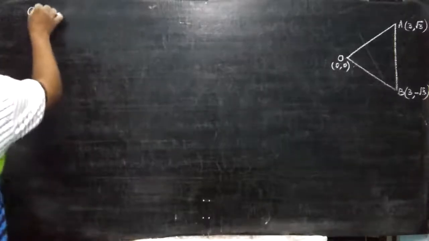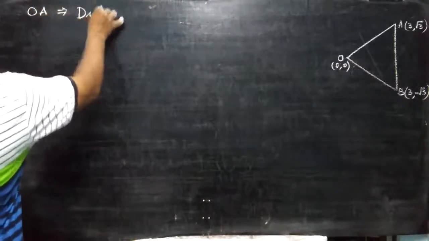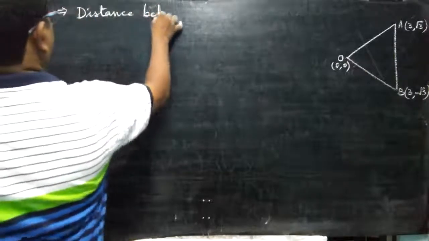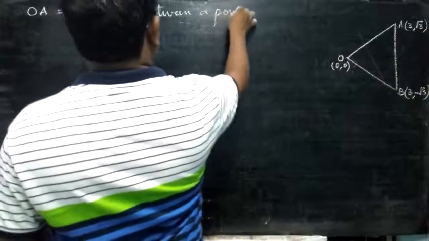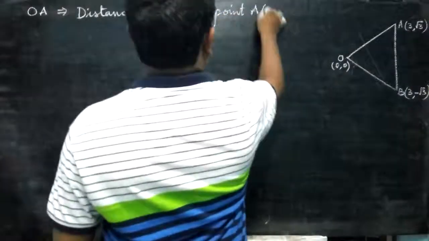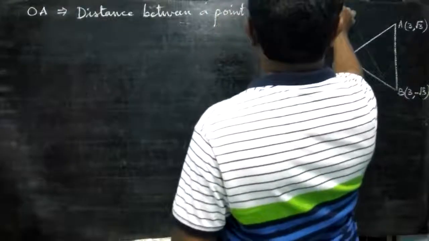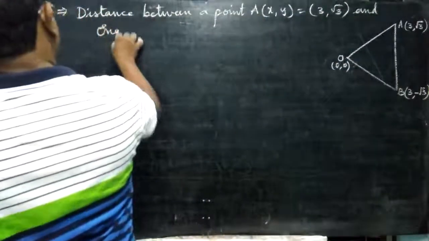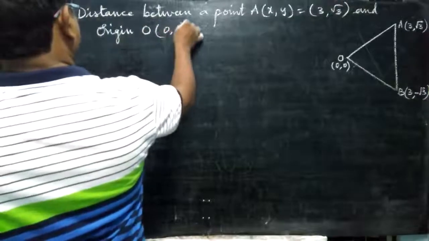Now OA implies distance between a point A x comma y is equal to 3 comma root 3 and a point, the origin. Here point is origin O, 0 comma 0.